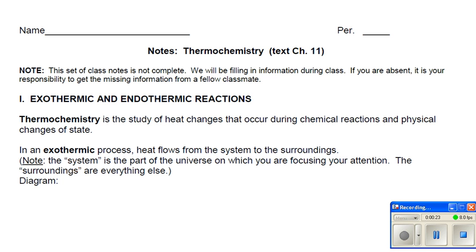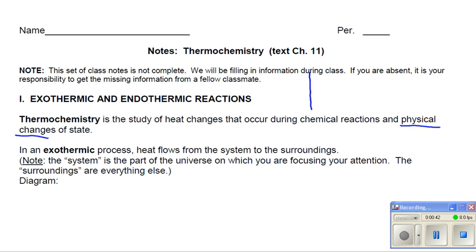It says thermochemistry is the study of heat changes that occur during chemical reactions and physical changes of state. So far in this class, we have emphasized heat changes from physical changes of state.